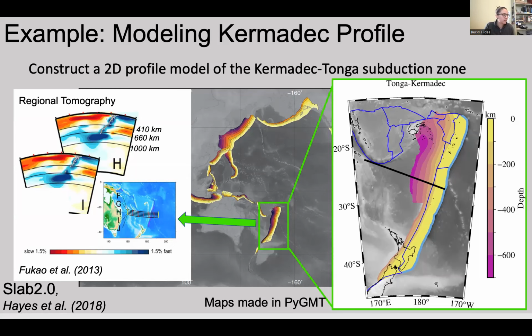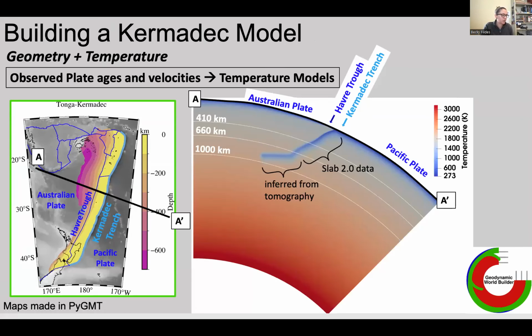So we can take this seismic data and construct the geometry of a cross section. And so we have this cross section going from A to A prime, cutting through the Kermadec Trench here, and use that to set up our geometry over here, where we have subduction, we have spreading, and then we have our slab geometry, like I said, from a combination of that Slab 2.0 data and inferred from the tomography.